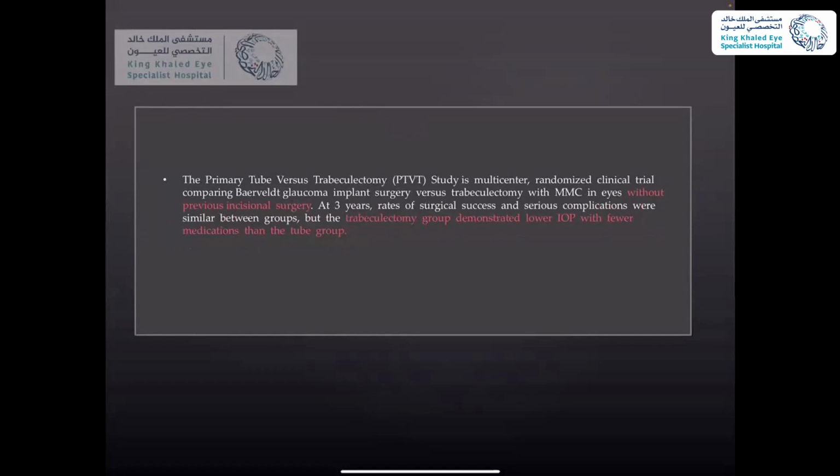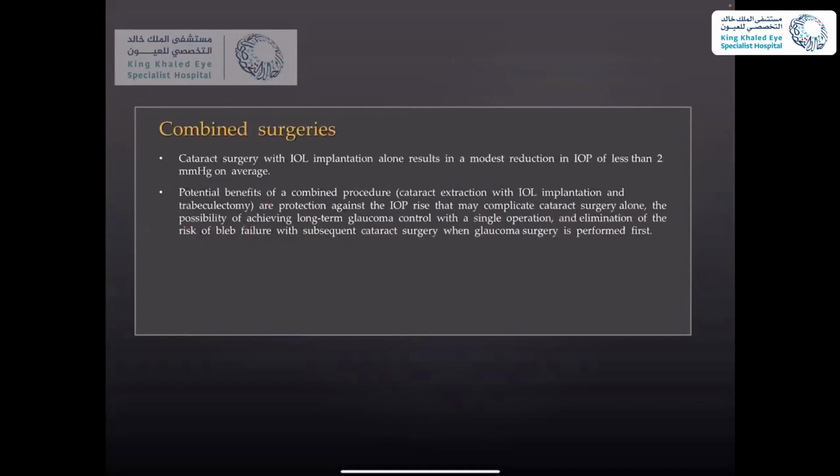What they found was that after 3 years the success rates were similar between the two groups, and the trabeculectomy group demonstrated lower IOP with fewer medications than the tube group. So again, this backs up trabeculectomy as a safe and well-tolerated surgery for patients with primary open-angle glaucoma.